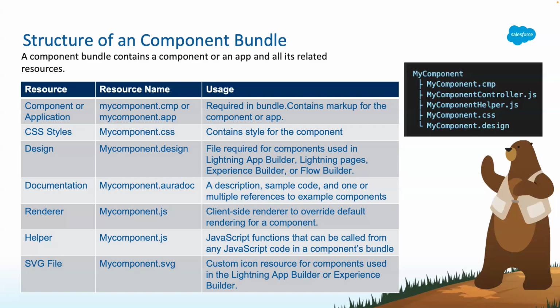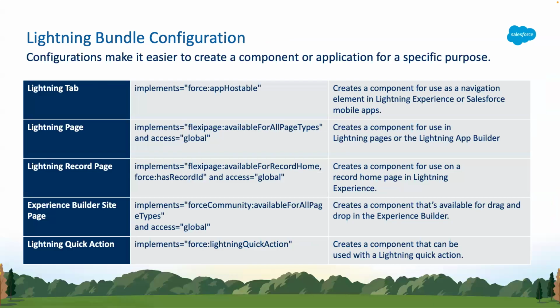So these tags or configuration, the ones that we have just seen, are specifically to expose your component as either a tab page, record page, or the builder site page, which is the experience site page, or your quick action. Unless you expose it as a Lightning tab or Lightning page, it will not be available for you to drag and drop in the app builder.